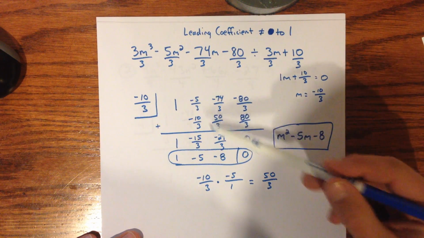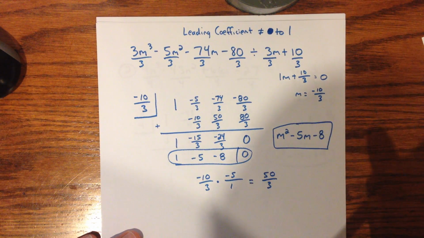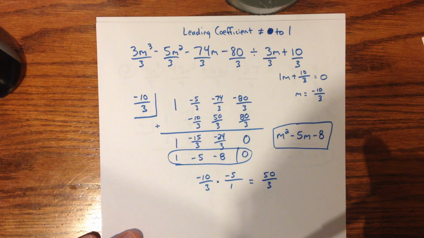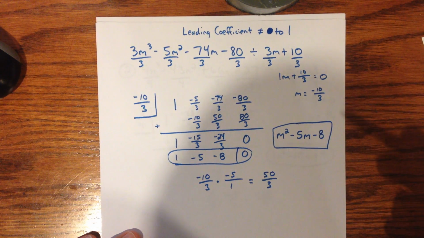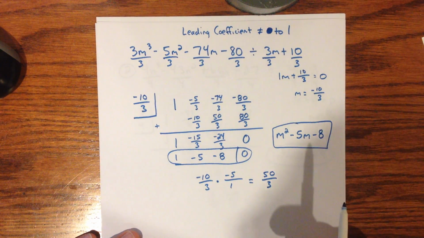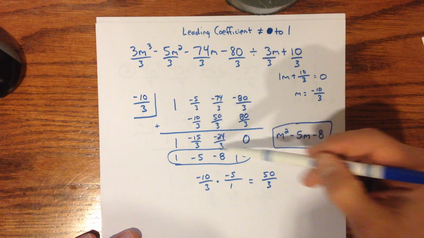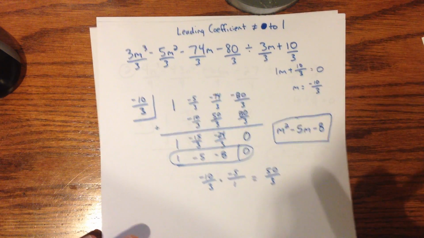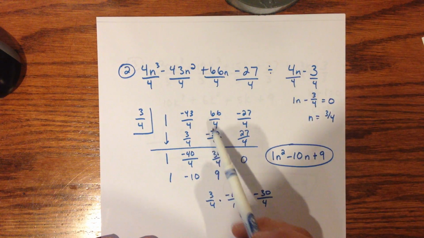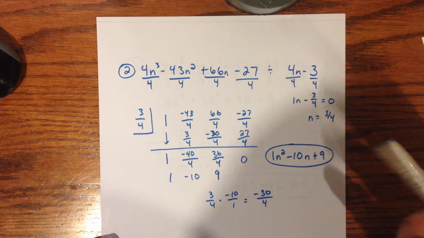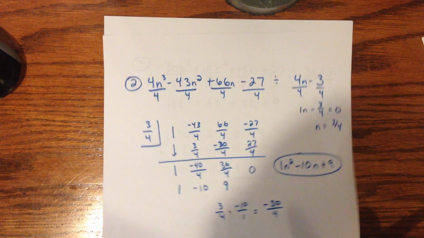Really, you're just working with all thirds. You have a calculator, and you could use it, but it's really not that necessary, because it's not like we're working with fractions with all different denominators. Here you're working with all fourths. So hopefully you can figure it out.